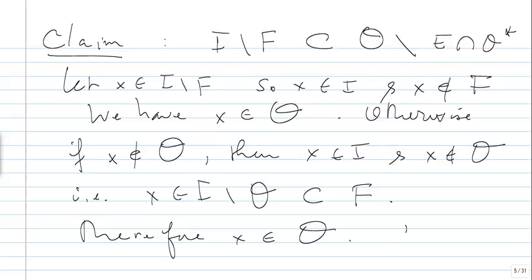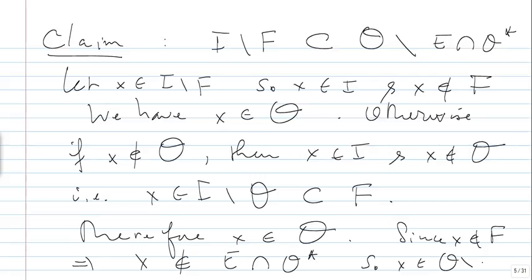And obviously, since x does not belong to F, x does not belong to the first part of F, which is E intersect O star. So x belongs to O minus E intersect O star.